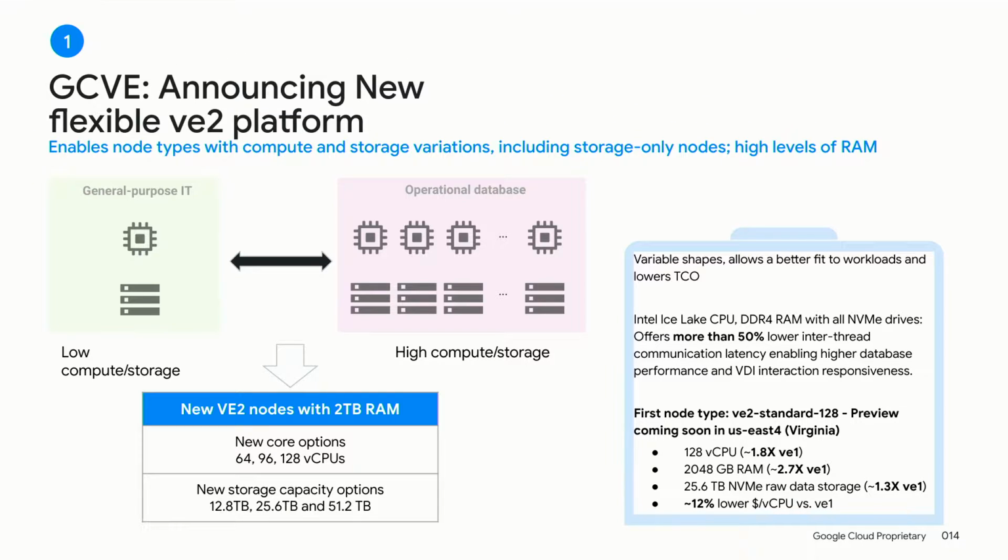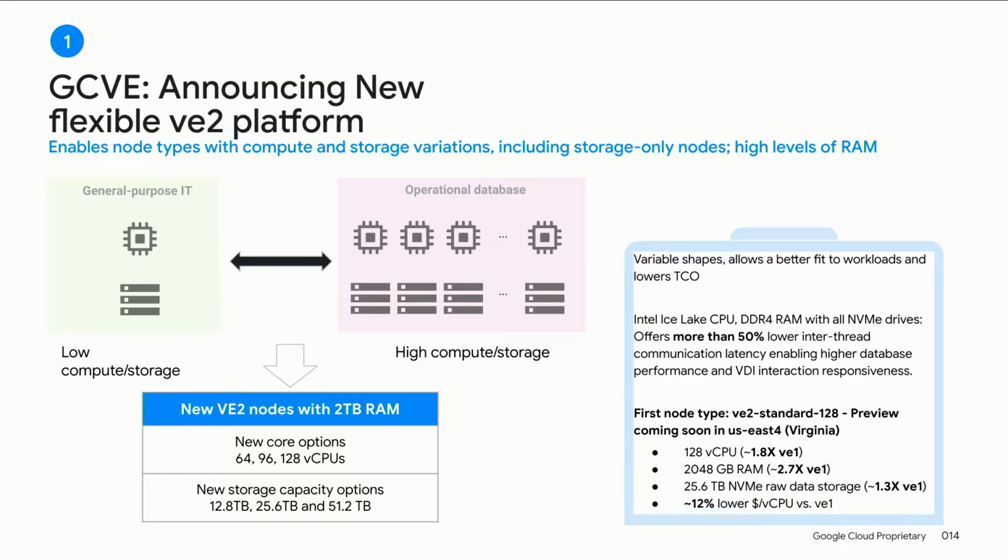So let's talk about the first exciting announcement and development that we have in VMware Engine, which is the VE2 platform. So our current node type was called VE1, VMware Engine 1, and it had a certain configuration. But with HCI, as some of you might be aware, hyper-converged infrastructure, which includes storage and compute, the problem is it's like a one-size-fits-all approach, which means the dress is either going to be loose-fitting or it's going to be tight-fitting most of the time.